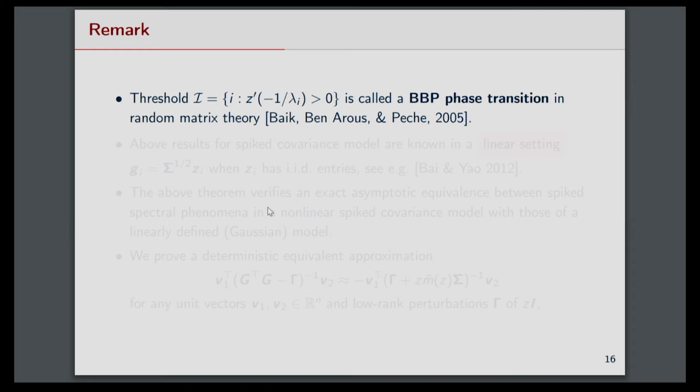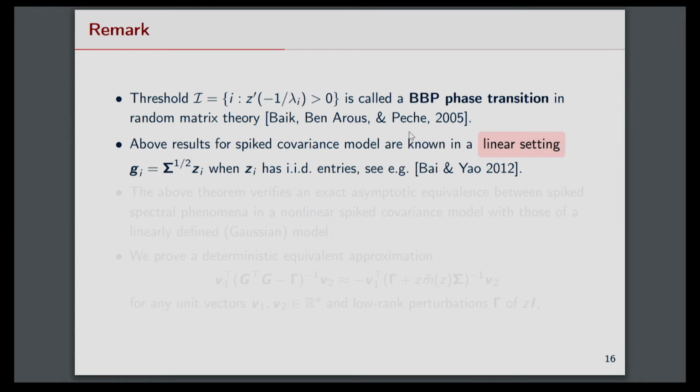As a remark, this positive z derivative is a condition which represents the phase transition. This is well known for the general sample covariance matrix or Wigner matrix, and it was first discovered by Baik, Ben Arous, and Péché, which is called the BBP phase transition.